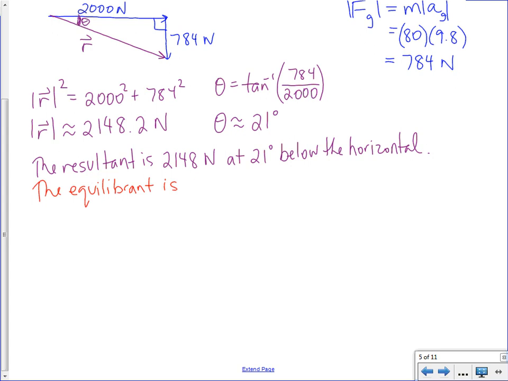Same magnitude. Do not make that negative, I will be very sad. Magnitudes are never negative, so just say same magnitude. And then, in terms of the direction, if the resultant is going 21 degrees below the horizontal, what do you think the equilibrant has to go at? 21 degrees above.